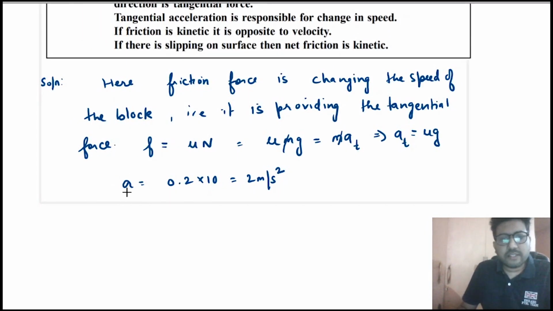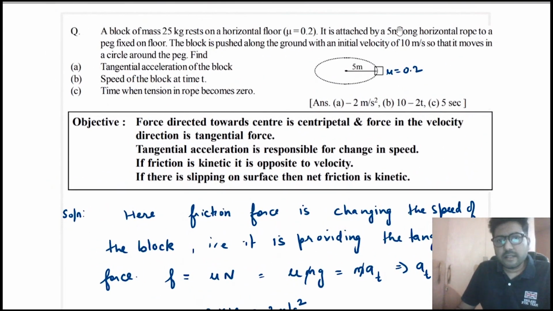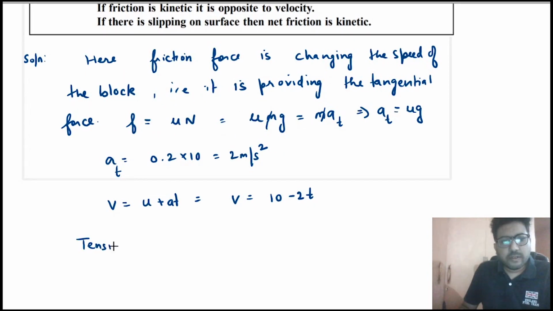Now this tangential acceleration will change the speed of the block. So you will get, using v is equal to u plus at, the initial speed of the block is 10 meter per second. So you will say v is equal to 10 minus 2t, because this block is retarding due to this friction force.